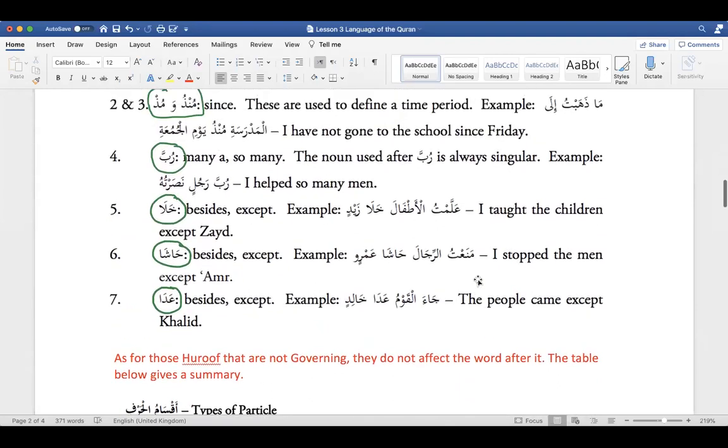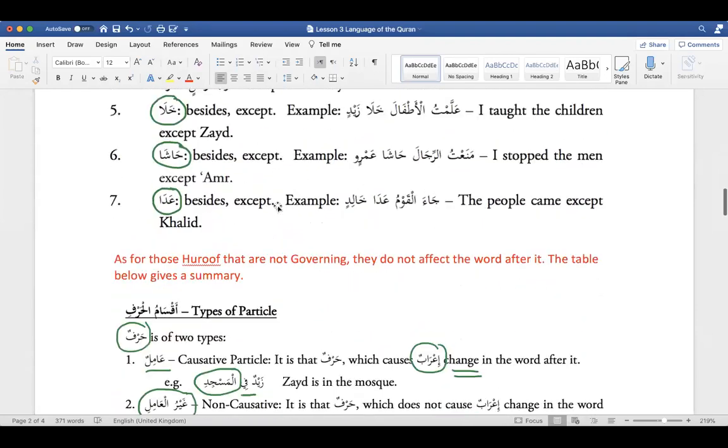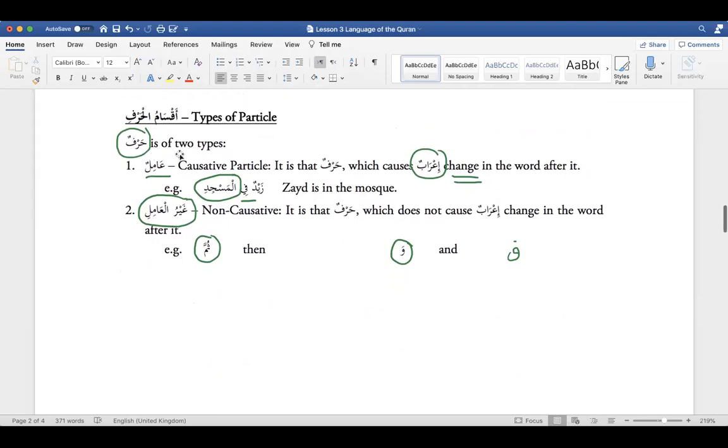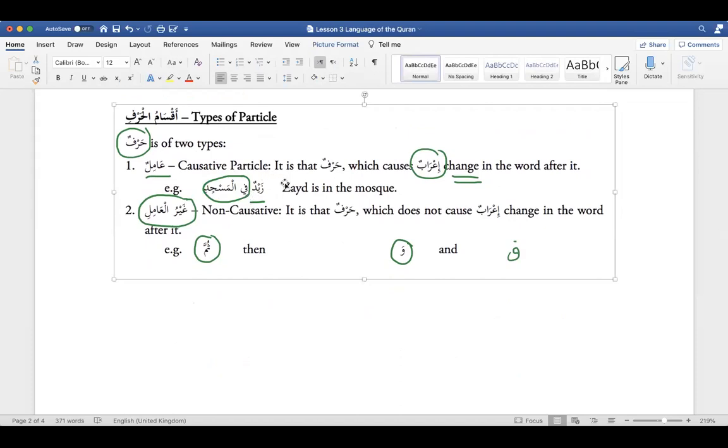So there are these ones as well. They're also huruf jar. As for those huruf that are not governing, they do not affect the word after them. The table gives a summary below. So harf is of 2 types. Amil, written in Arabic, means the causative or governing particle, that harf which causes the i'rab, the diacritical change in the word after it.